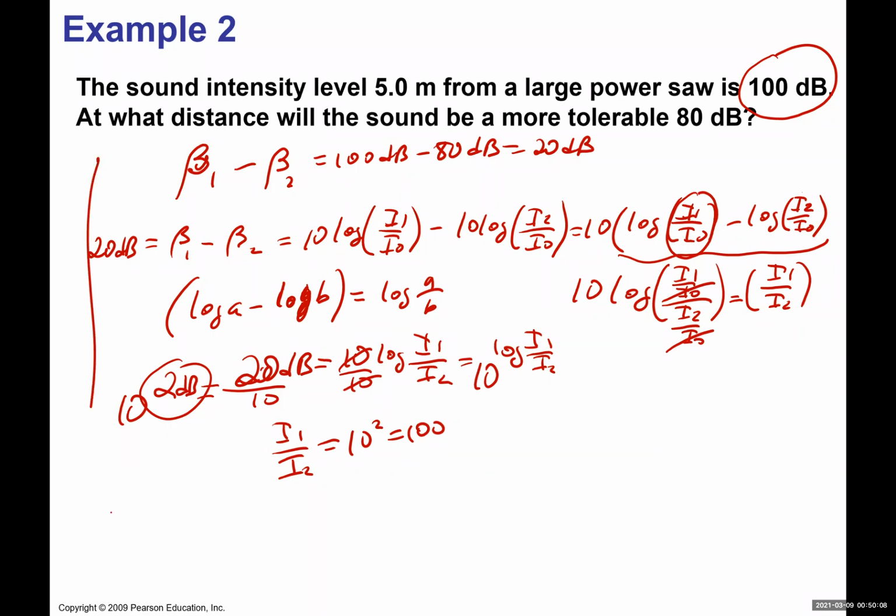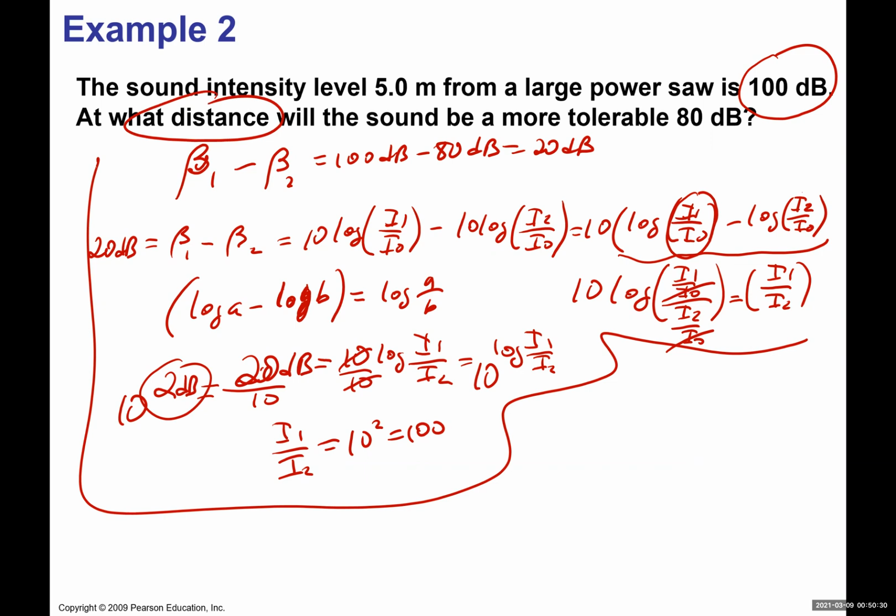Now that I have what that ratio is, next I can do this. Even though I'm changing the intensity level, the power is going to be the same, regardless if it's 100 dB or 80 dB. Intensity changes, but remember, we're moving some distance d in order to change the intensity level. Power 1 is the same as power 2.